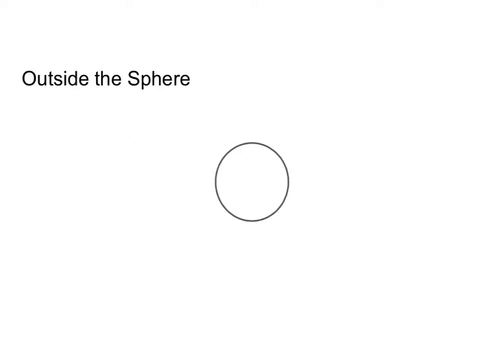So let's start by talking about the outside of the sphere. That is all of this region out here. What's really cool is that outside of the sphere, we can treat our sphere like a point charge.